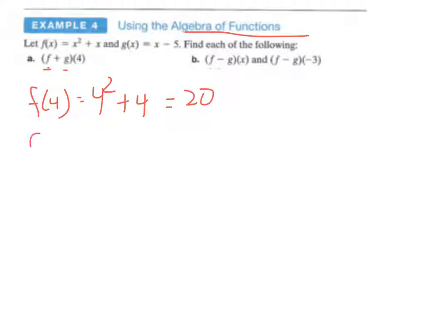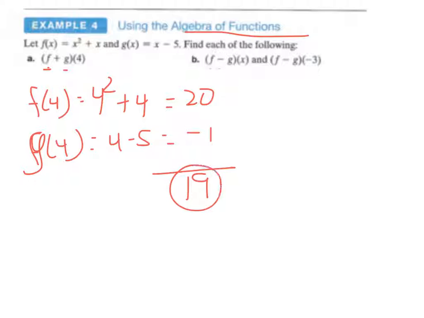And then if I do g with the 4, I get 4 minus 5, which equals negative 1. And if I add those two up, I get 19.